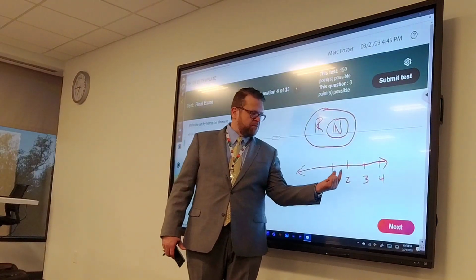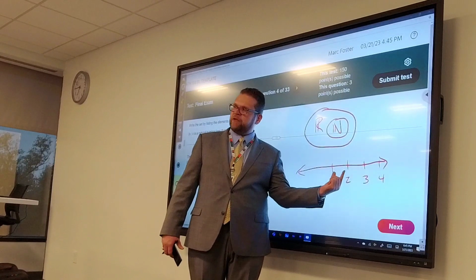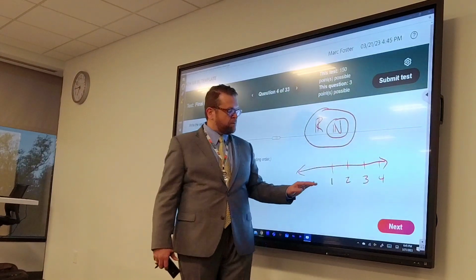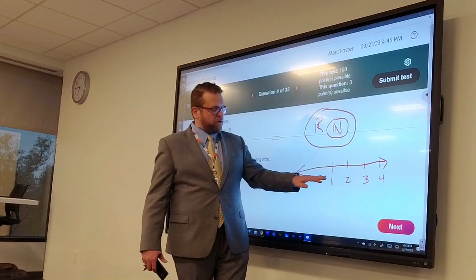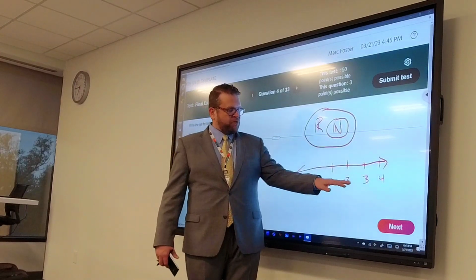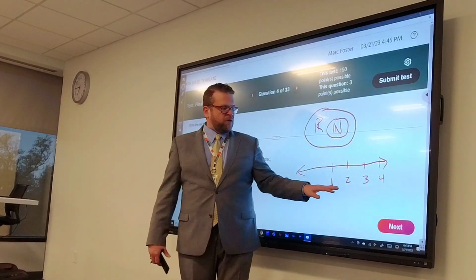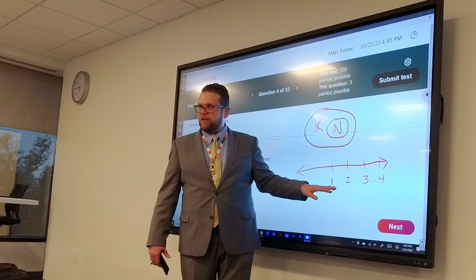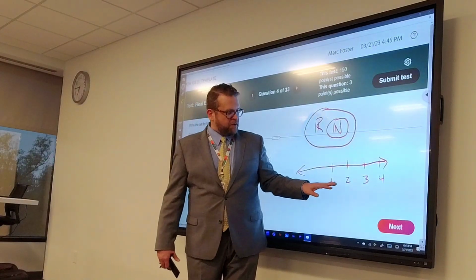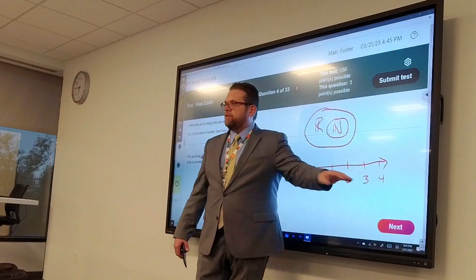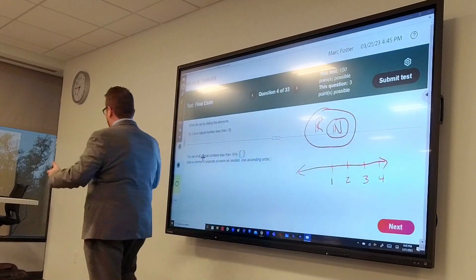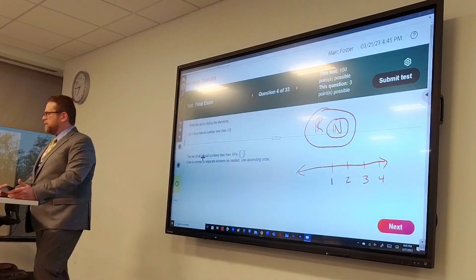No one ever really believed that this was completely filled in right here in between 1 and 2. And they didn't have a concept of 0, so you have to picture yourself 5,000 years ago, and you need to count how many sheep are in your flock. 1, 2, 3, 4. Those are your natural numbers. They existed naturally without anyone having to know anything.